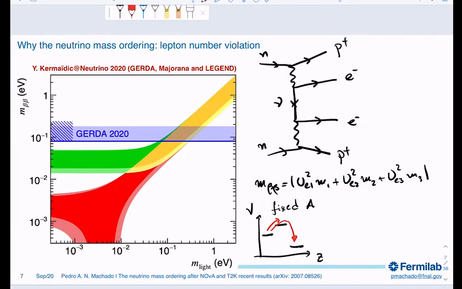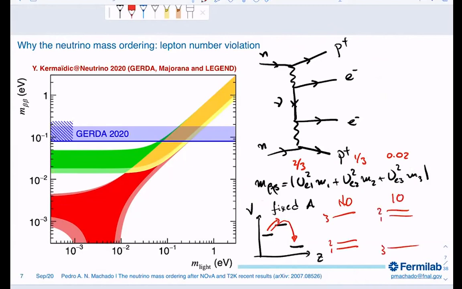And what happens here is that, again, from the argument of the previous slide, the modulus of this is about 2/3, 1/3, and 0.02, and this is normal ordering, 1, 2, 3, and inverted ordering, 3, 1, 2.